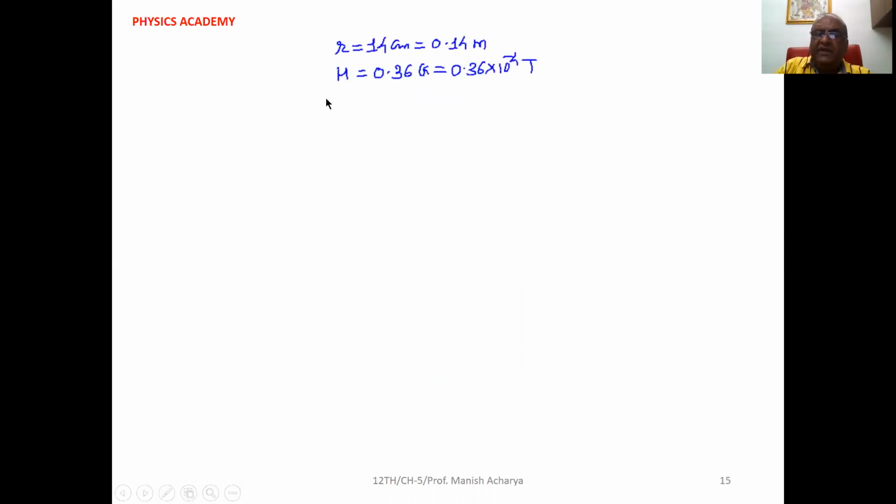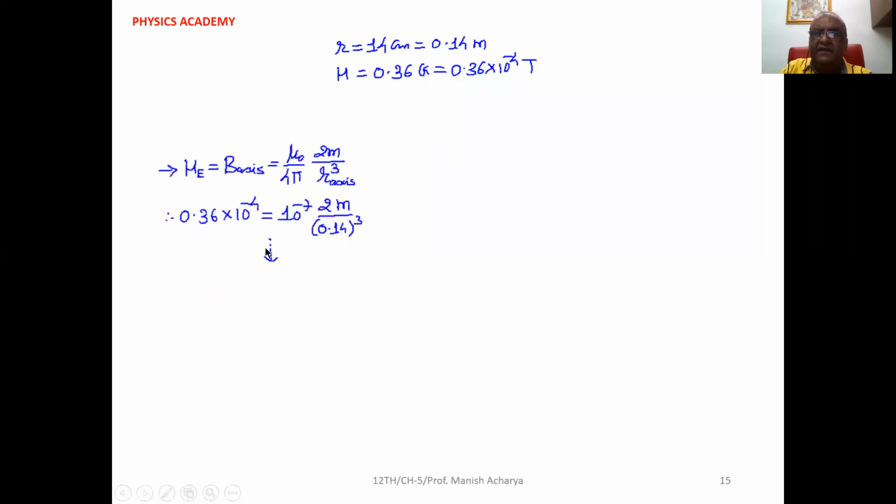Now see, the distance that is given to you for the point R, that is 14 centimeters, so 0.14 meter. The horizontal magnetic field of Earth, that is 0.36 Gauss, that is 0.36 into 10 raised to minus 4 Tesla. Now, you are getting null point at 14 centimeter on the axis.